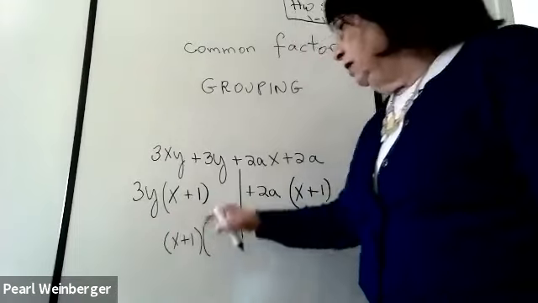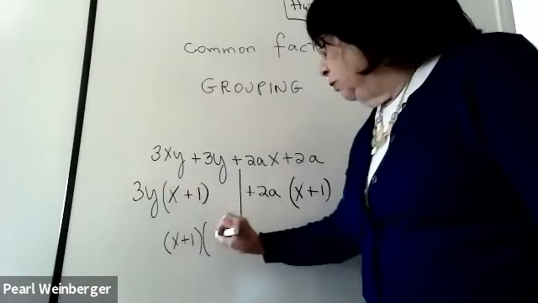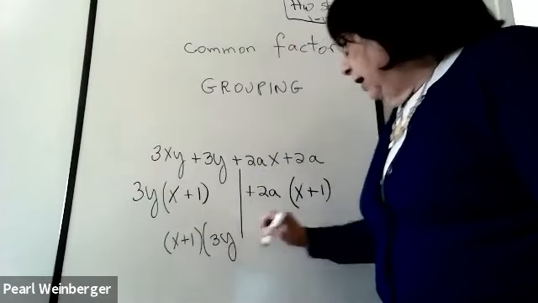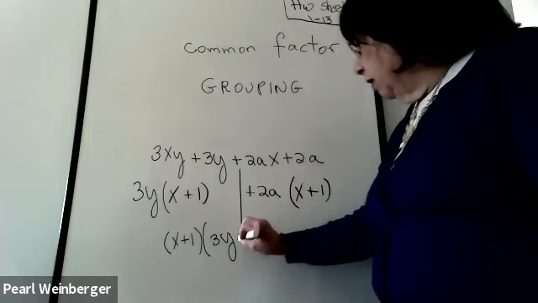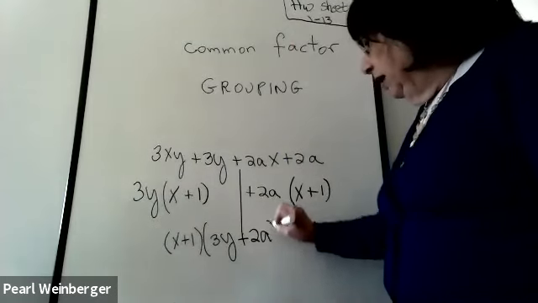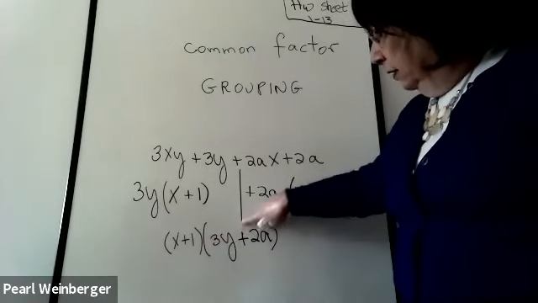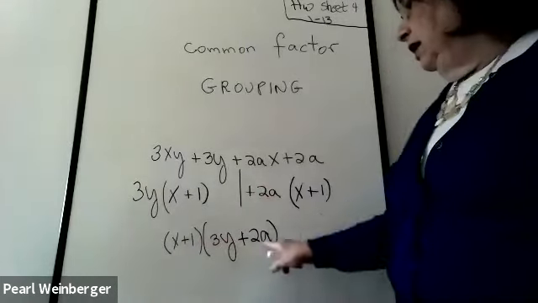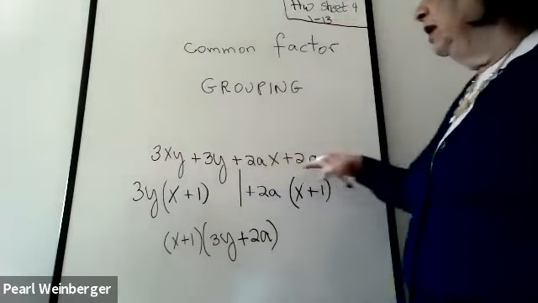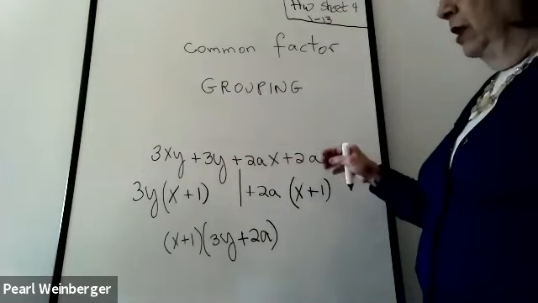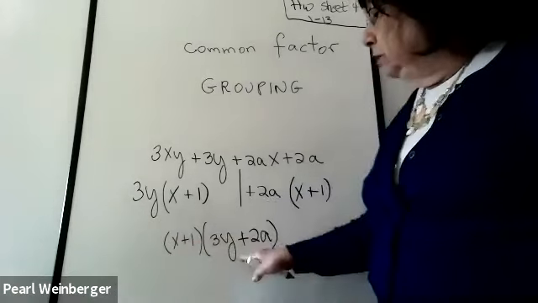In my parentheses, dividing out the x plus 1 gives me 3y, and over here, dividing out the x plus 1, I'm left with 2a. So my final answer becomes x plus 1 times 3y plus 2a. So we took a 4-term polynomial and factored it into 2 binomials.